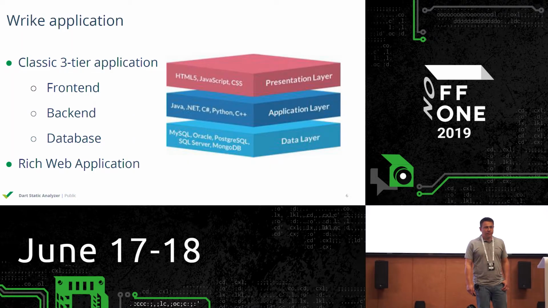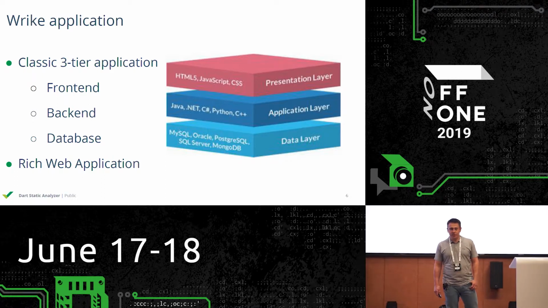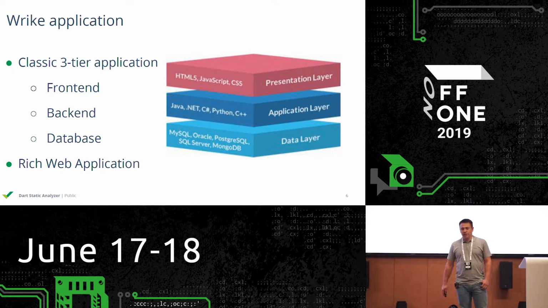Reich is basically a classic three-tier application, which consists of the front end, back end, and database. It is a web application where you can find a lot of different inquiries from the front end, a lot of web sockets, and many other things as well.